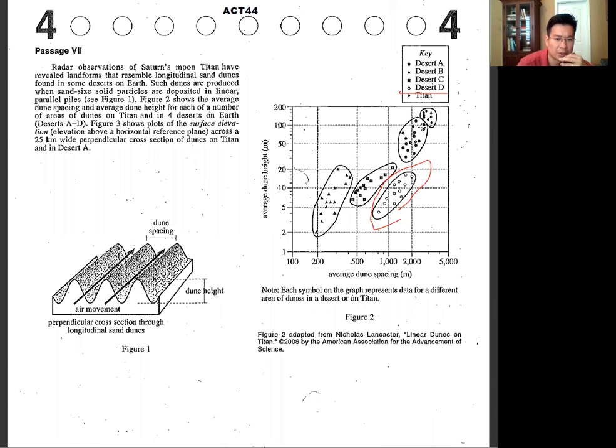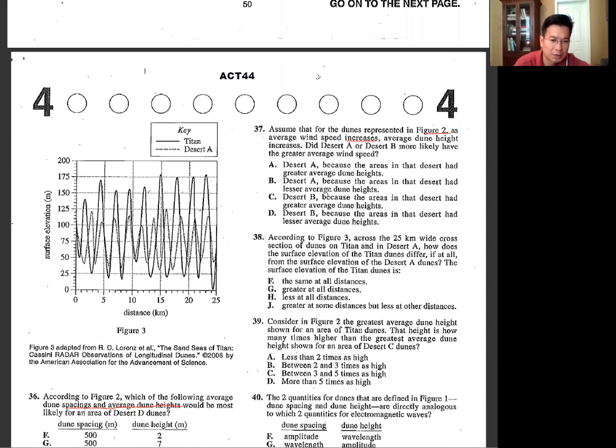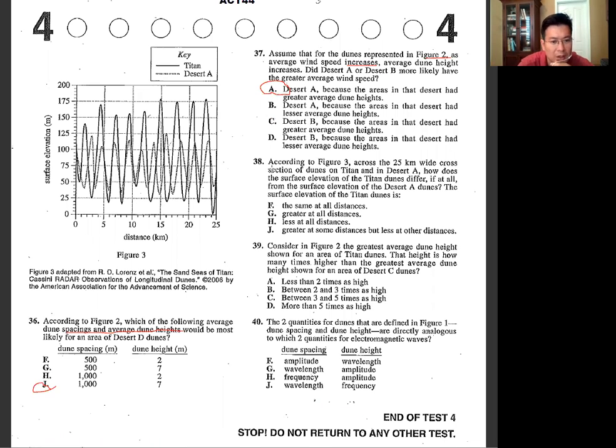So that's why it's up here, high up. And this is spread out more. Because of that, yes, A has the greater average height. And then it can increase more, spreading out because of the wind.